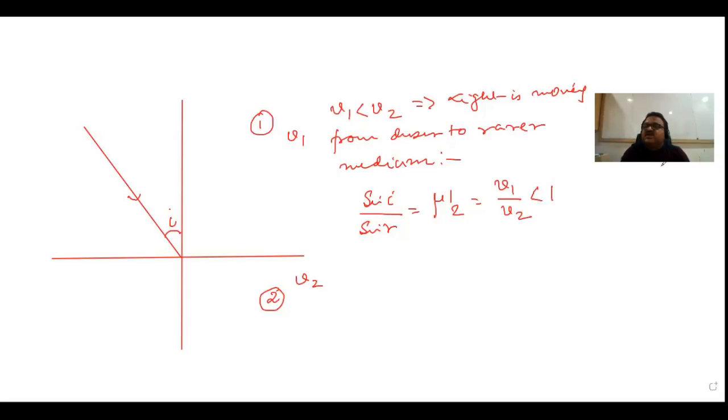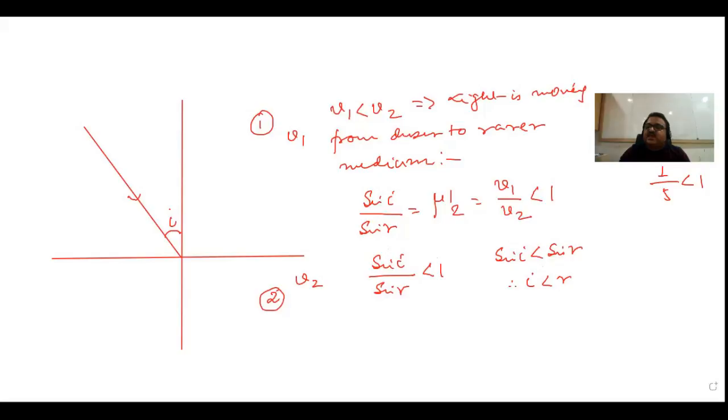Take an example: if the numerator is 1 and the denominator is 5, it is obviously less than 1. So if sine I by sine R is less than 1, therefore sine of I is less than sine of R, hence I is less than R.